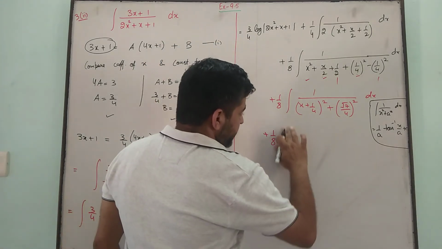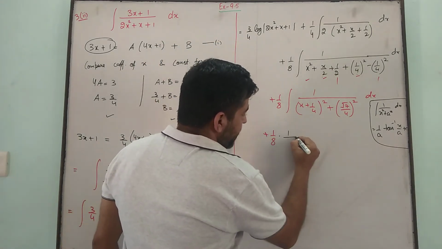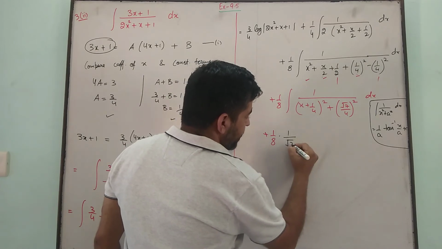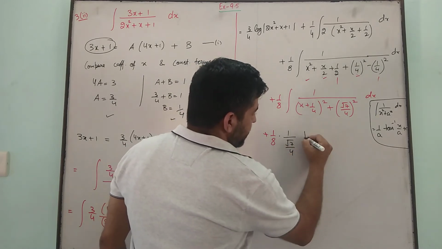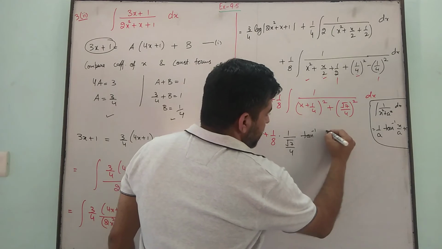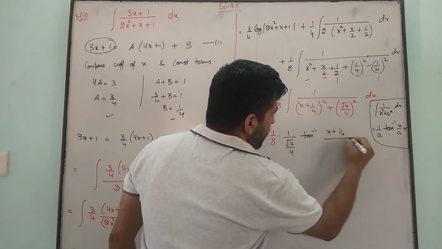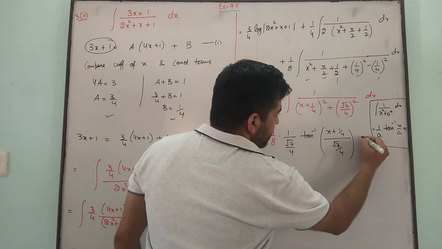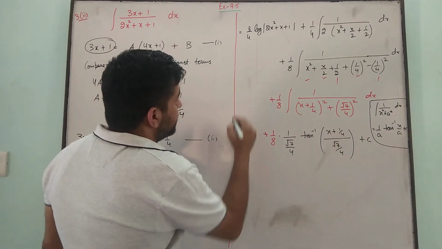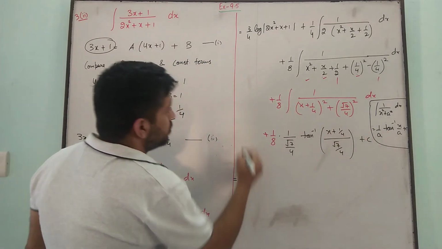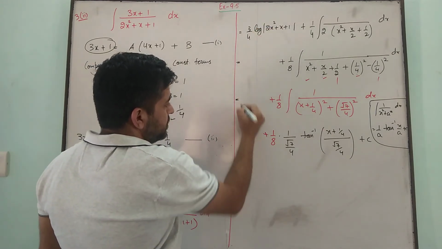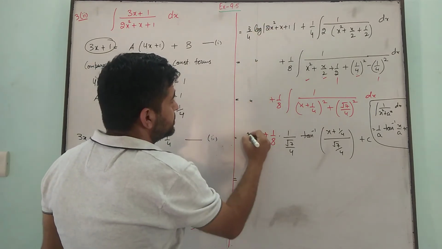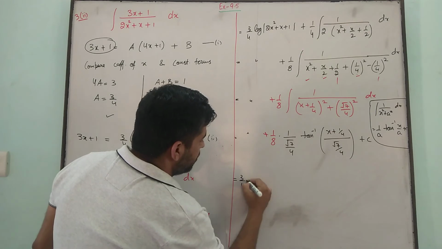So the integration is 1 upon a tan inverse x upon a plus c.